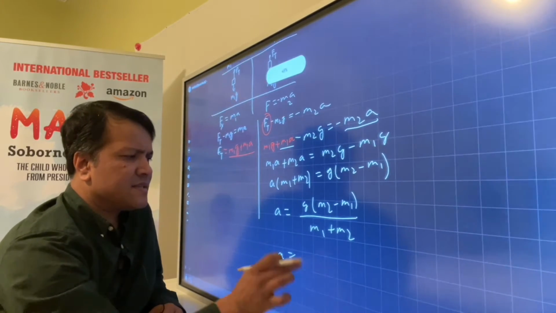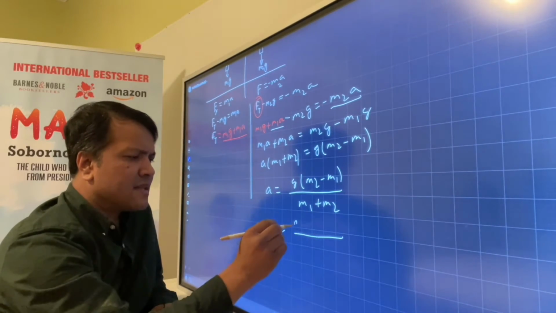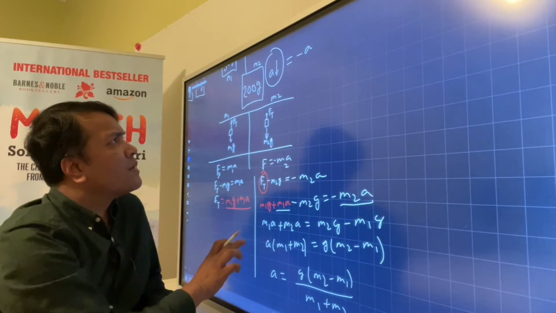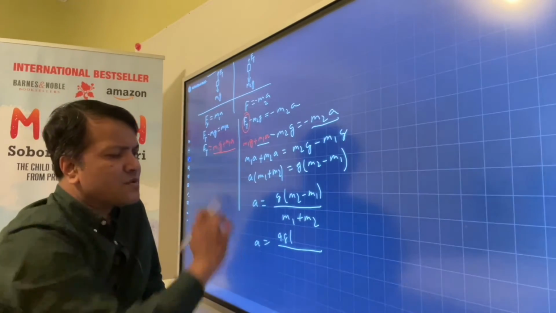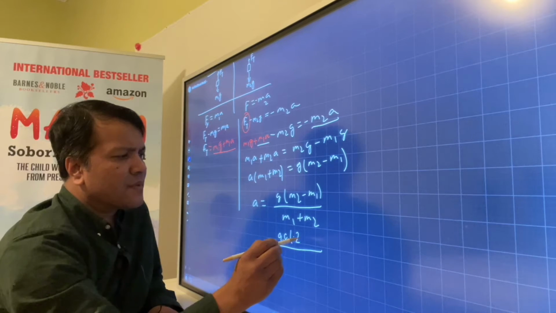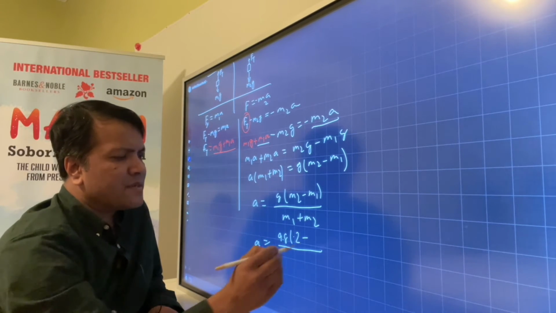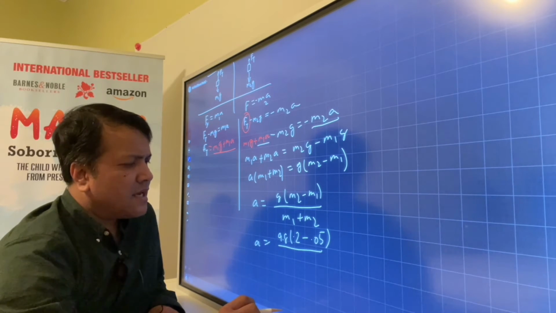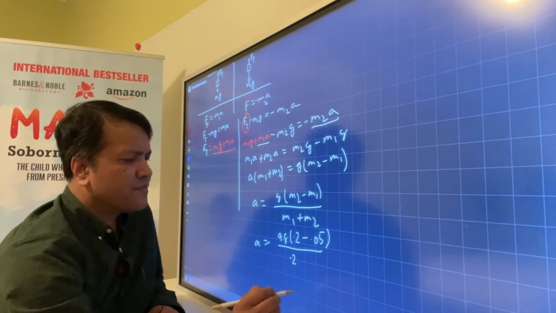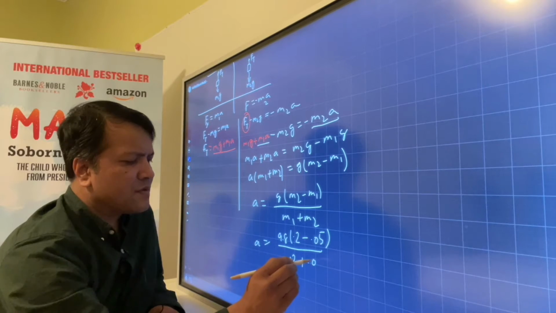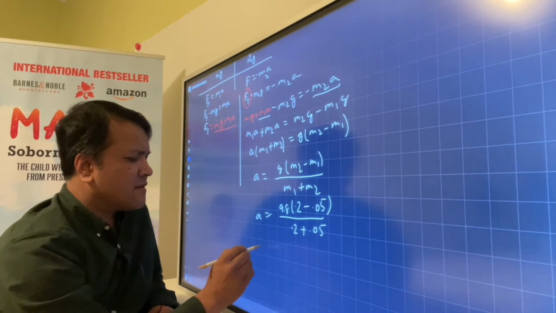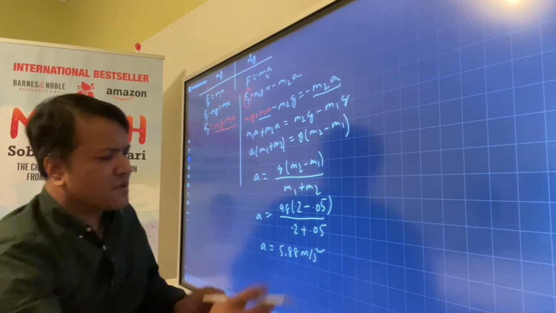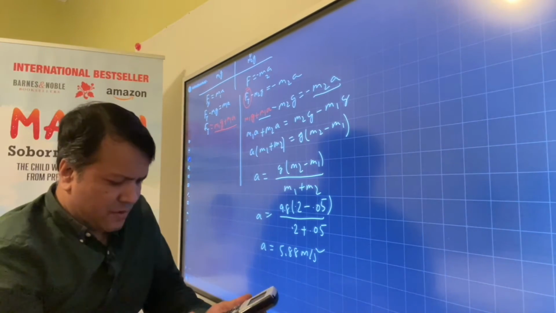Acceleration is, of course, g times m2 minus m1 over m1 plus m2. Acceleration is g is 9.8, m2. What is m2? It is 200 grams, so 200 gram is 0.2 minus 50 gram is 0.05, and this one is 0.2 plus 0.05. So acceleration is 5.88 meter per second square. I'm going to double check by using calculator.